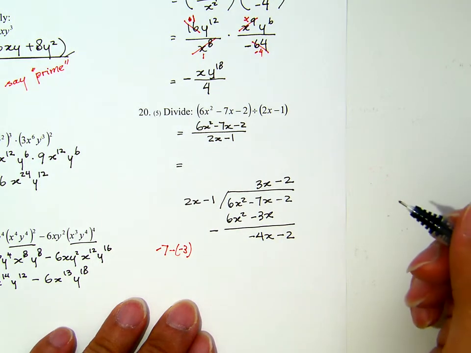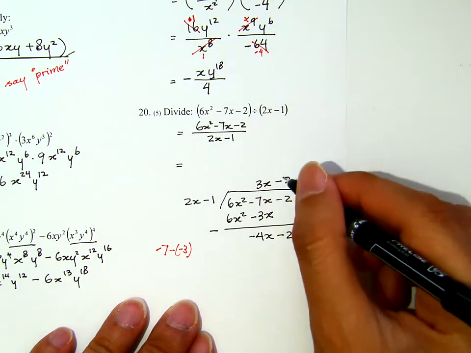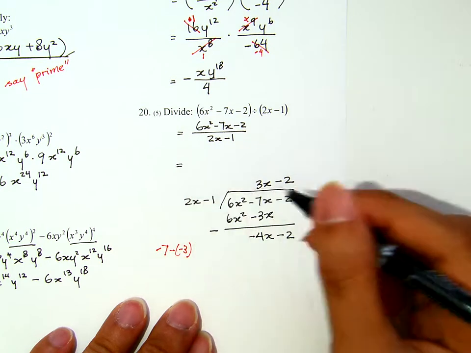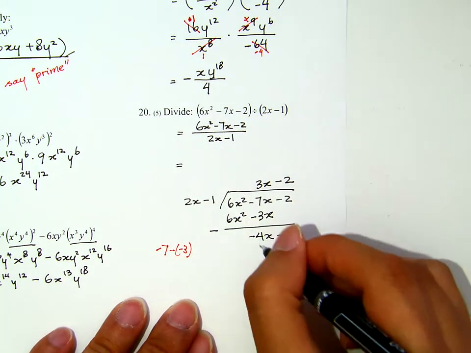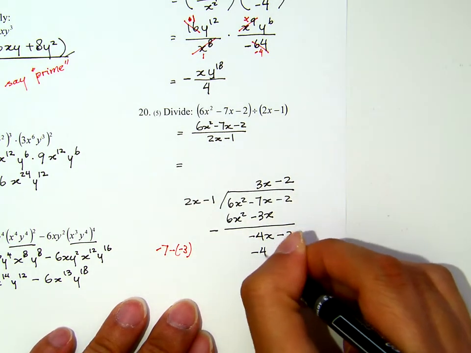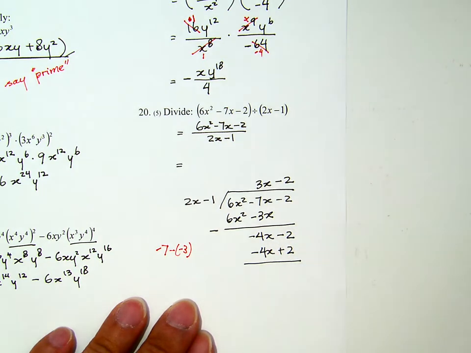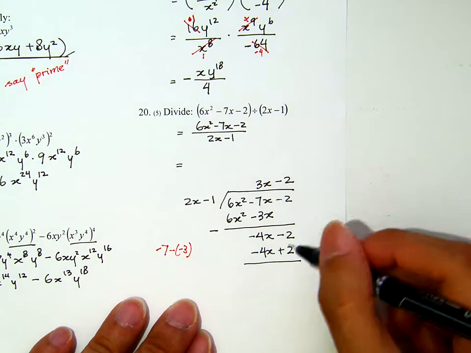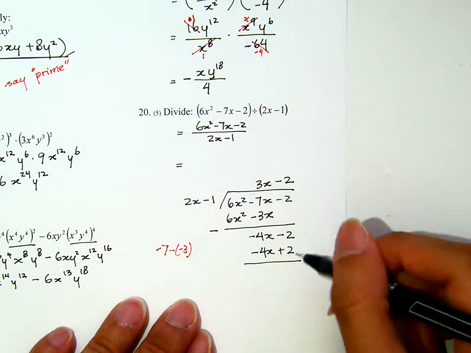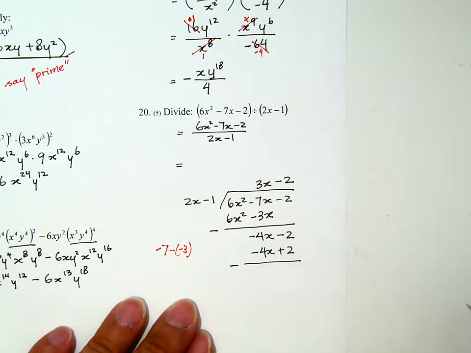Okay. Now, if I distribute this negative 2 with 2x minus 1, that will give me negative 4x plus 2. Now, do not react too fast and think that this will be 0 later on. No, we are subtracting here.